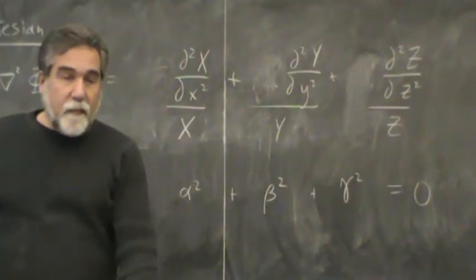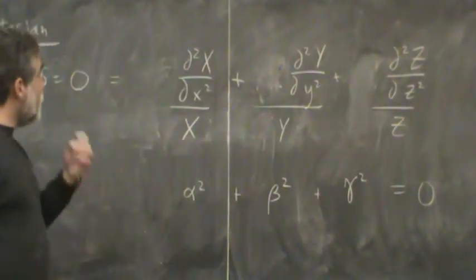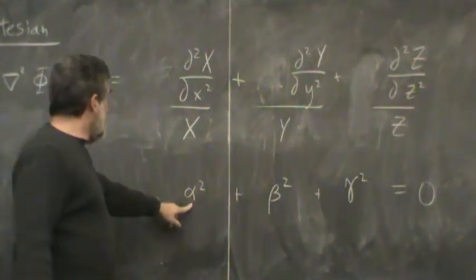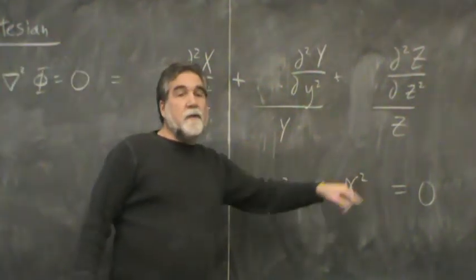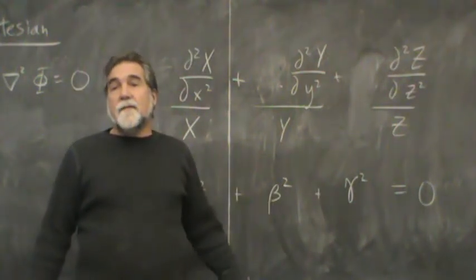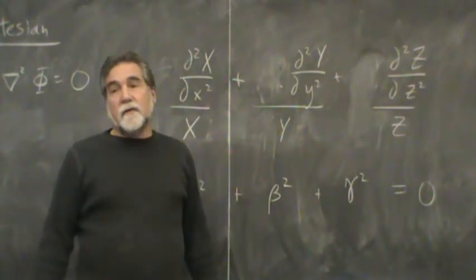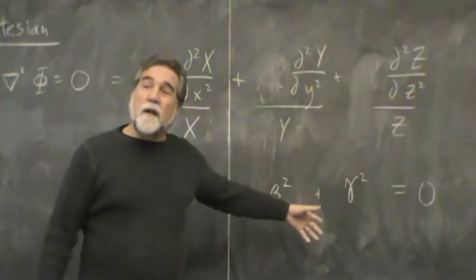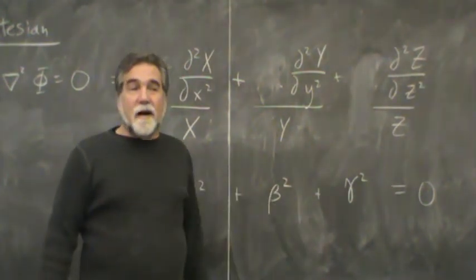All right? There's a little bit of a problem that we see here, which is that alpha squared plus beta squared plus gamma squared has got to add up to 0. If they're all real, we're in trouble. Right? So at least one of them has got to be complex.